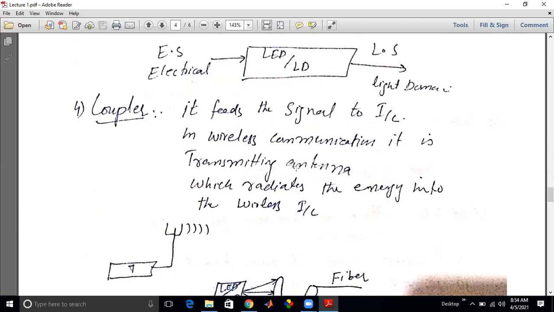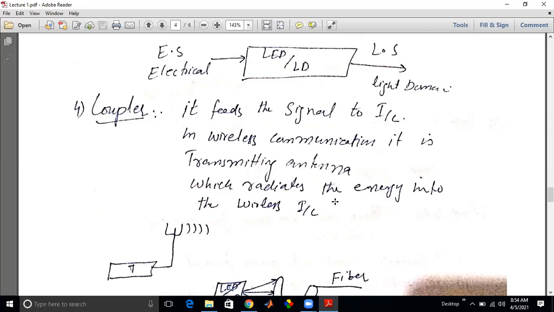In the case of wireless, we will use a transmitting antenna. What is an antenna? How will we design an antenna? How does the antenna work? You will study this in your third course, applied antenna and wave propagation. An antenna is a metal structure which transmits radio waves.